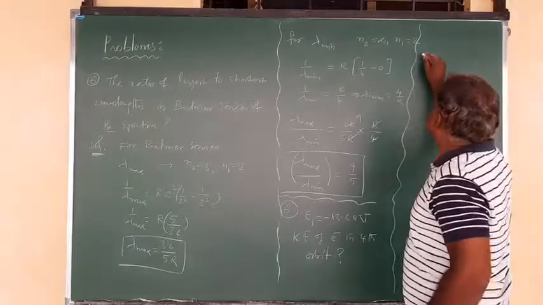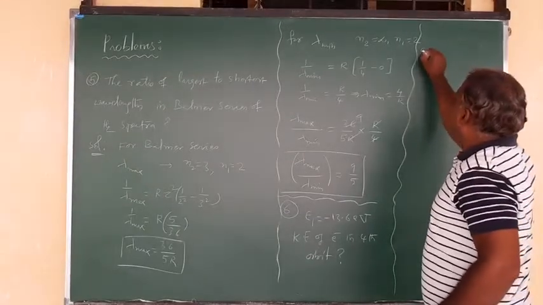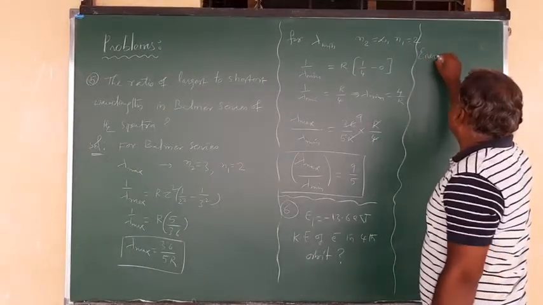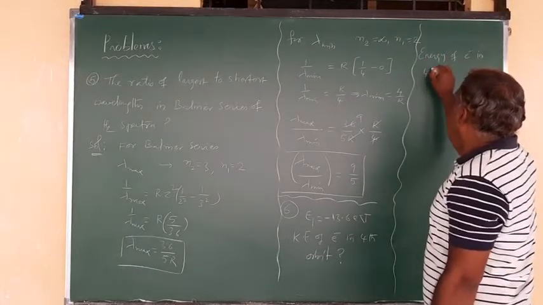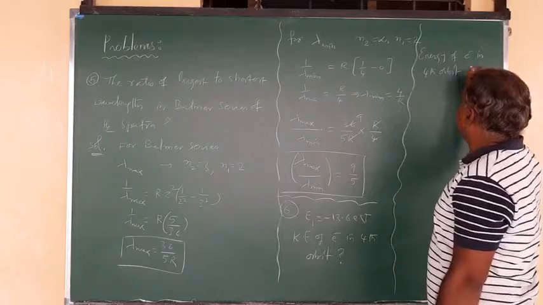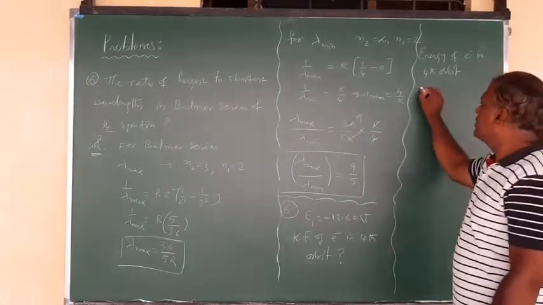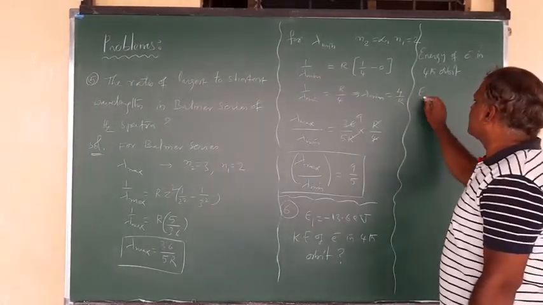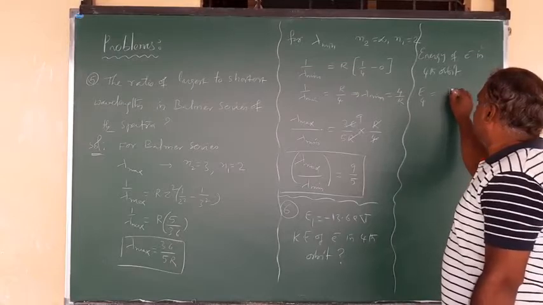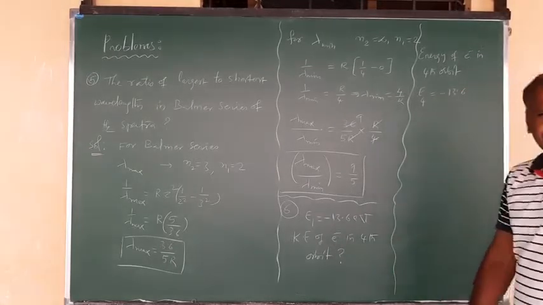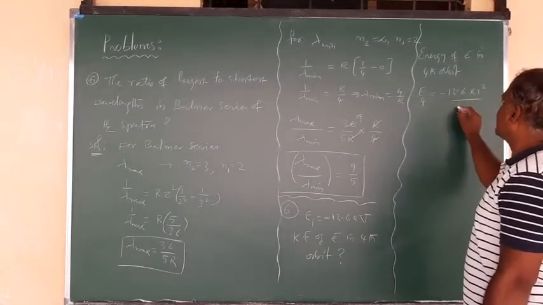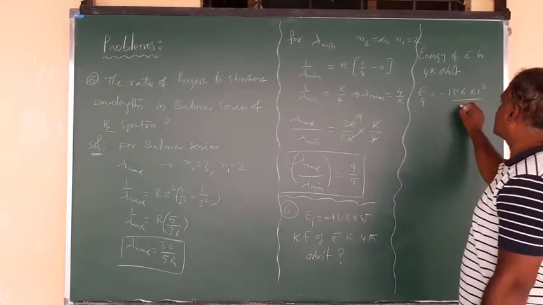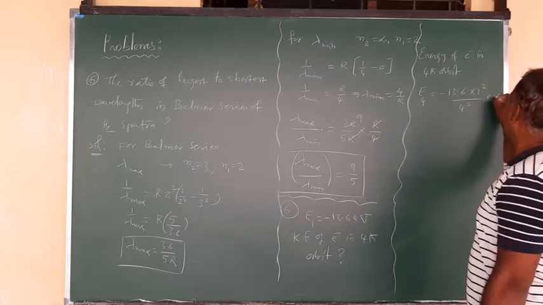We can write En, with n equal to 4 here, as minus 13.6 Z square by n square, that is 1 square upon 4 square, in electron volts.